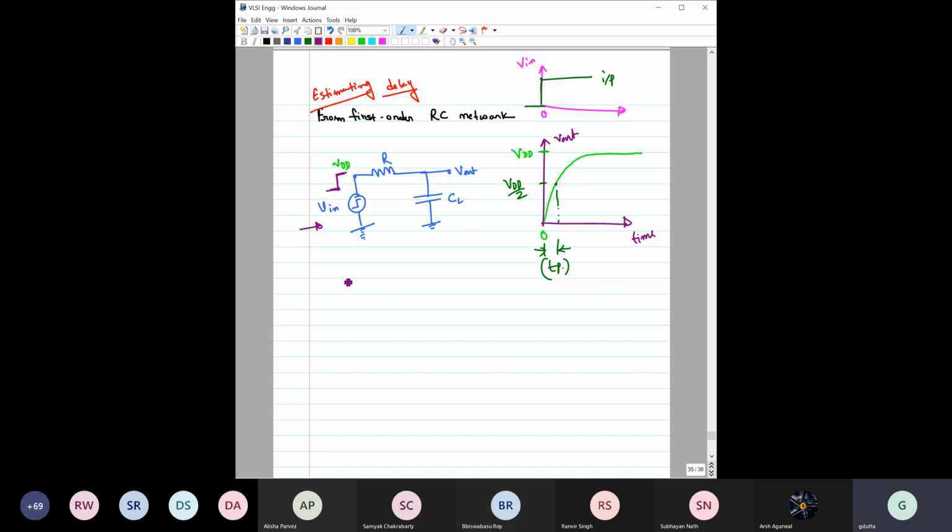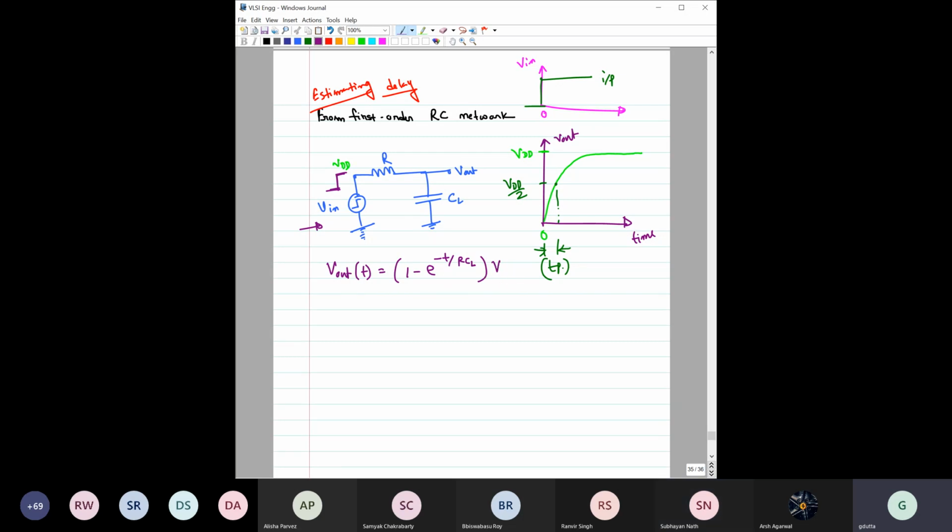Okay, let us do it step by step. How can I write V out in terms of this R and CL? V out is VDD into 1 minus e to the power minus t by RCL.